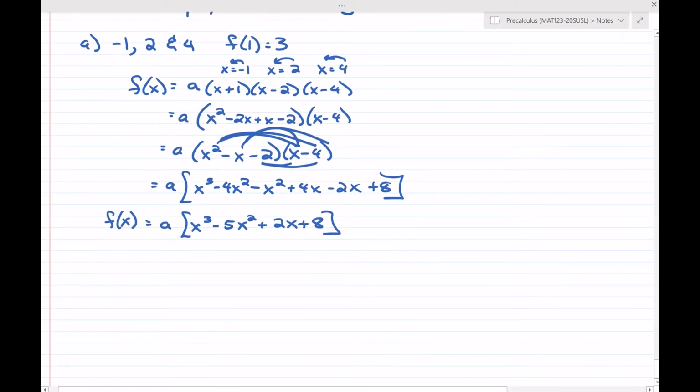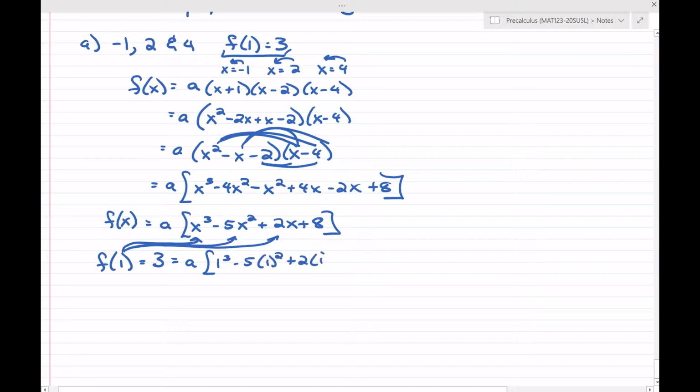Okay, so now let's use this whole f of 1 is equal to 3. So f of 1 would be 3, and we're going to plug in 1 for all of these x's. And we get a times 1 minus 5 plus 2 plus 8.